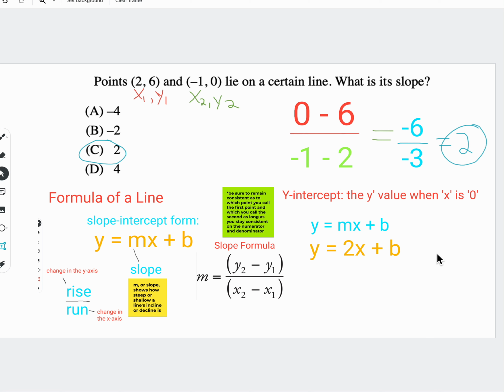Let's solve for b. We'll choose a point to plug in for x and y. Let's choose 2, 6.